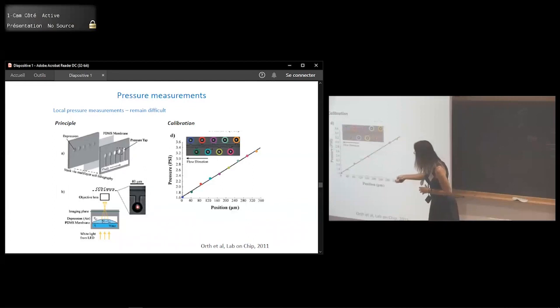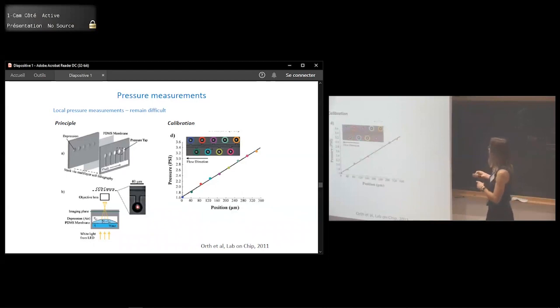Then they have a way of trying to detect this inflection of the membrane. What they do is, I think, a bit hard probably to do, but they look at the size of these white spots and calibrate the size of the white spots, and then link this to the amount of deformation and the local pressure. But it actually leads to a quite nice and linear dependence of the pressure as predicted.